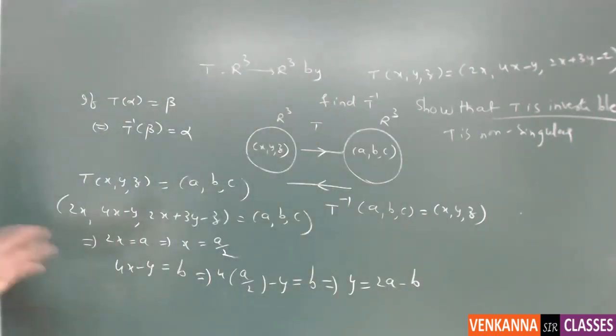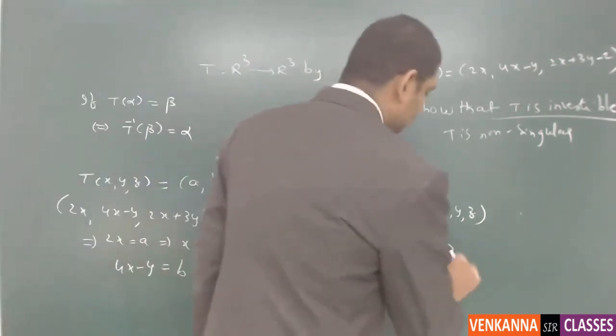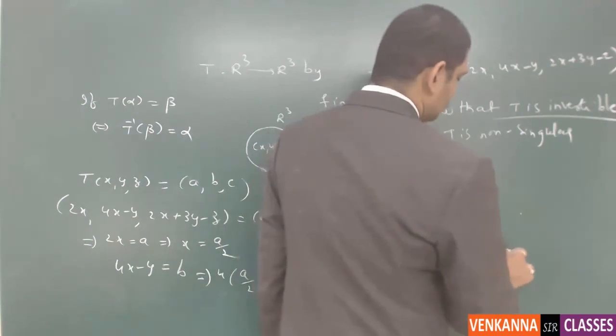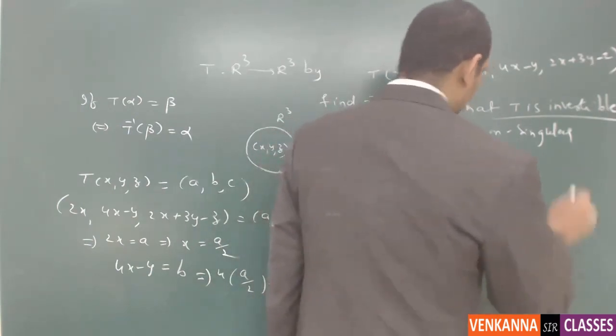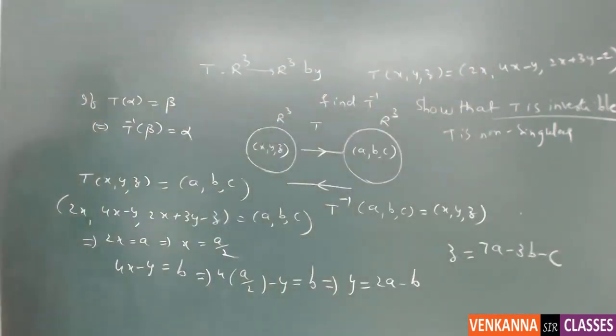Similarly, comparing the third coordinate also, you will get the value of z as 7a minus 3b minus c. Clear to you all? You can verify that on your own.